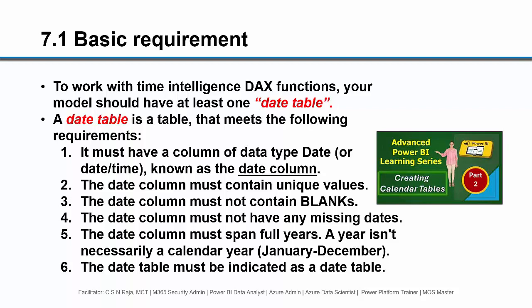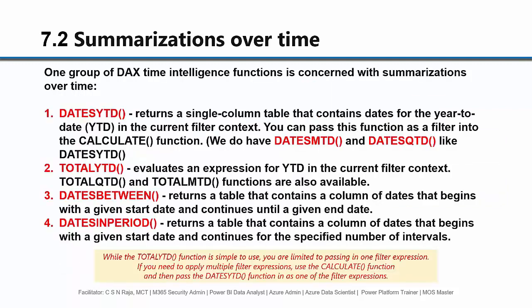There are a few functions that can help to summarize over time. One group of DAX time intelligence functions that is related to this activity is given below. The first function I'm talking about is called DATESYTD, which means year to date, which returns a single column table that contains dates for the year to date in the current filter context.